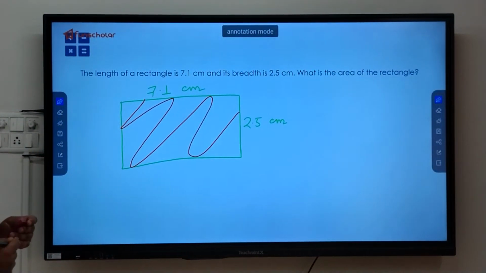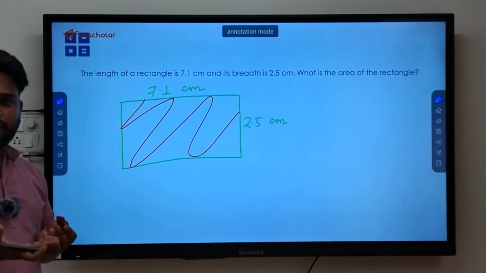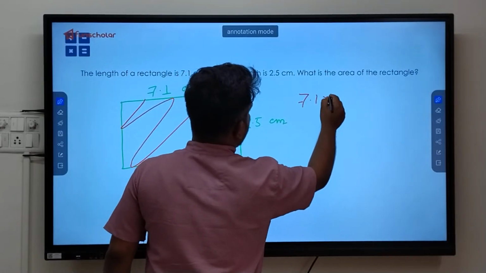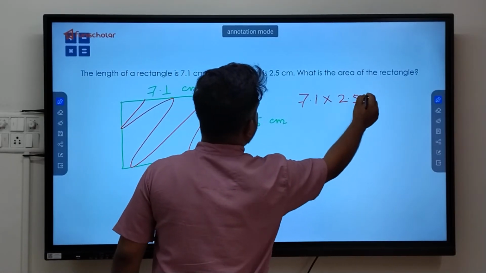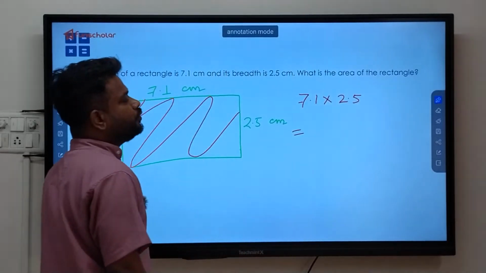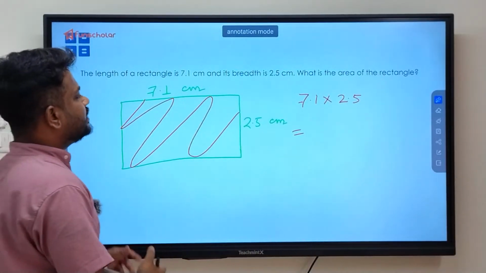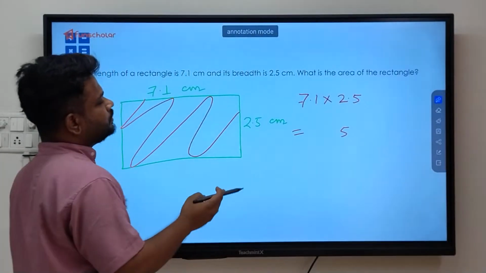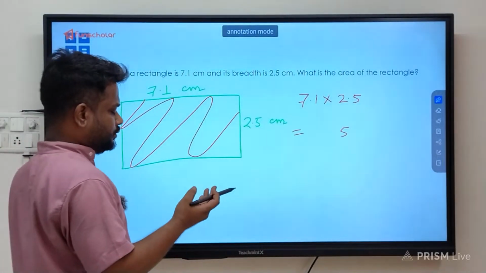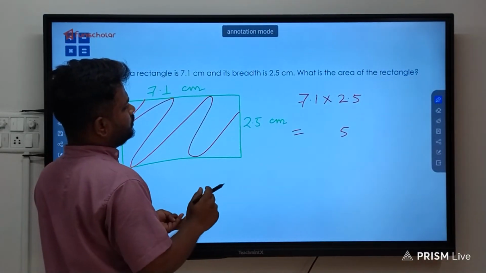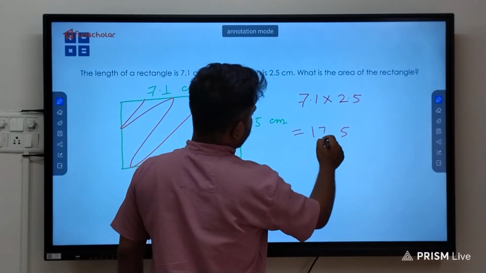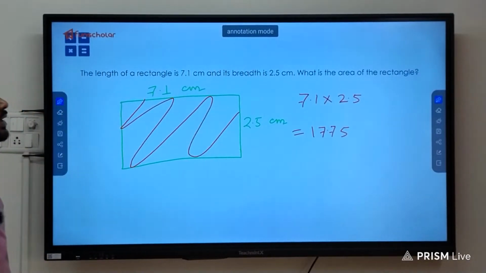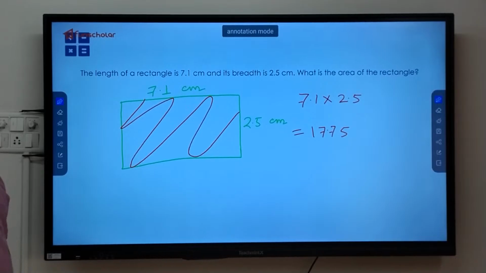If this represents a rectangle, the area will be the total part of it. The formula of the area is length into breadth. So the answer will be 7.1 into 2.5. Just try to multiply this. Yes, 17.75.